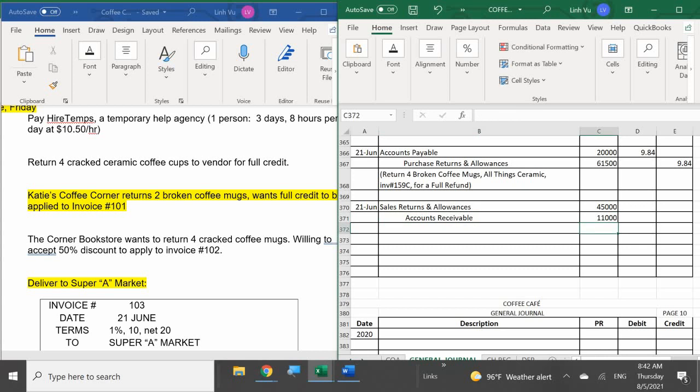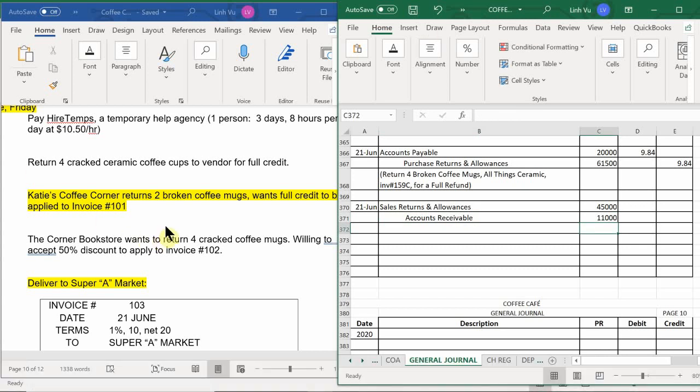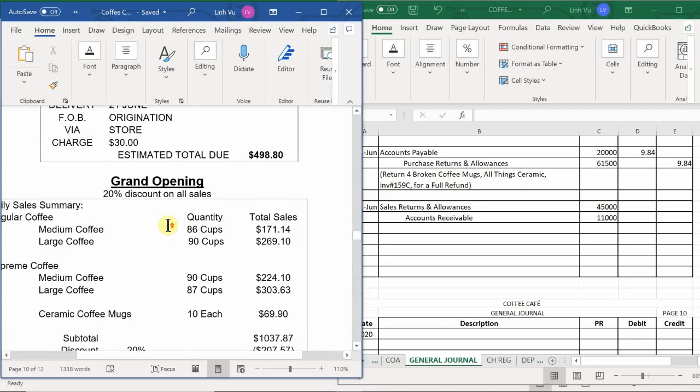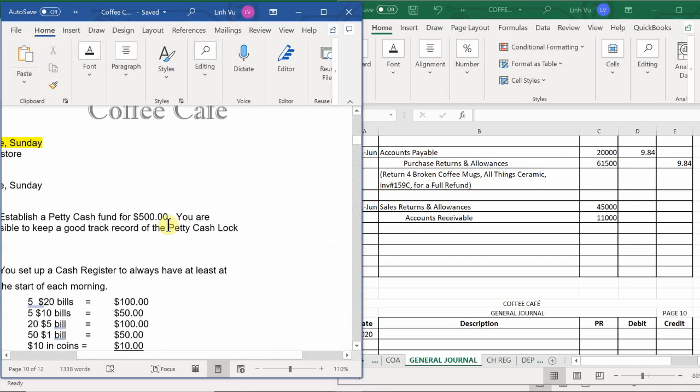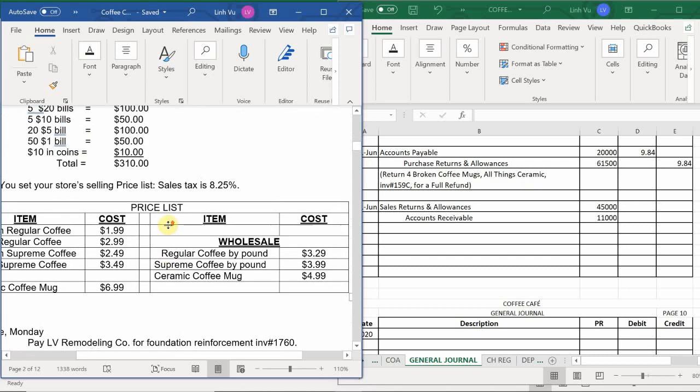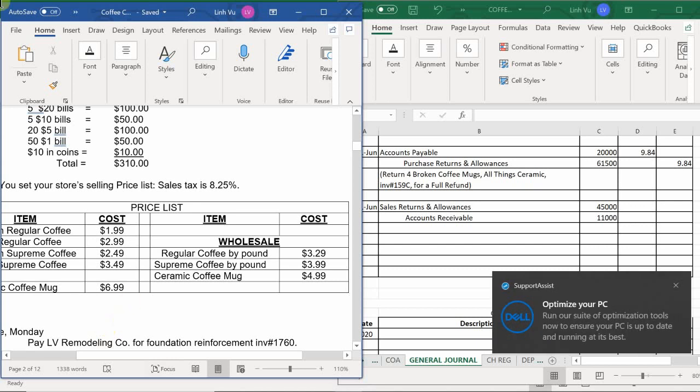Now, Katie, all right, let's go ahead and see. She wants to return a total of 2 coffee mugs, okay? Now, let's go ahead and visit right back up to that selling price bracket. How much did I sell that coffee cup to her? $4.99, because we sold it to her as a reseller.